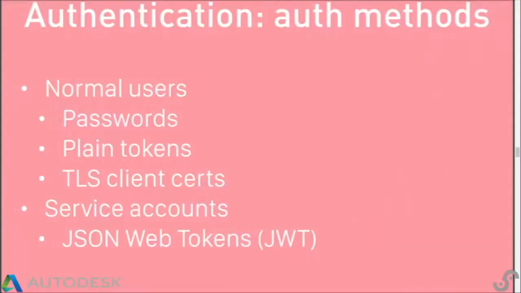Service accounts can't use anything but JSON Web Tokens directly. The way they secure this, if you do have a CA and you want to secure everything with TLS, is you actually configure Kubernetes to sign these tokens with a private key, so that once they actually reach the API server, it can validate that it was signed by the same CA.